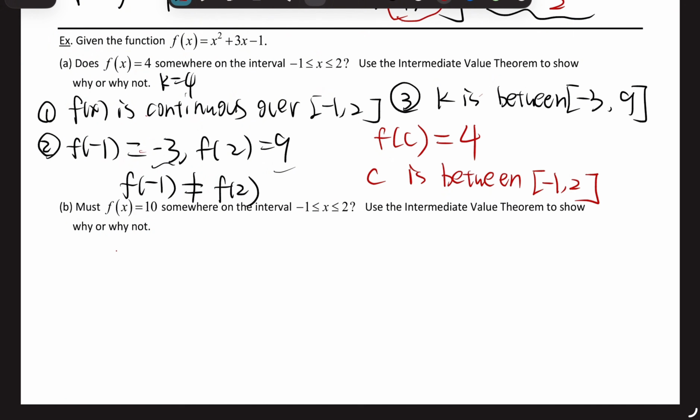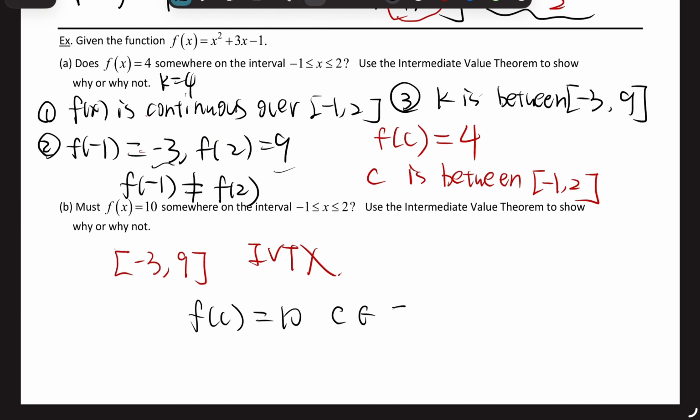Well, it is not, because 10 is larger than 9. Therefore, IVT doesn't hold here. Therefore, we don't know if there's a c that equals 10 on the interval of -1 to 2. We don't know. IVT doesn't hold here.